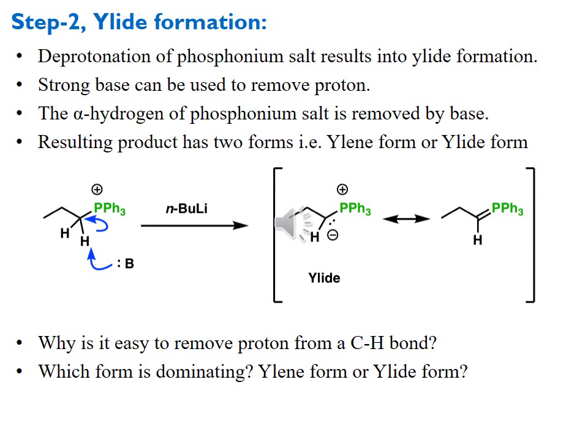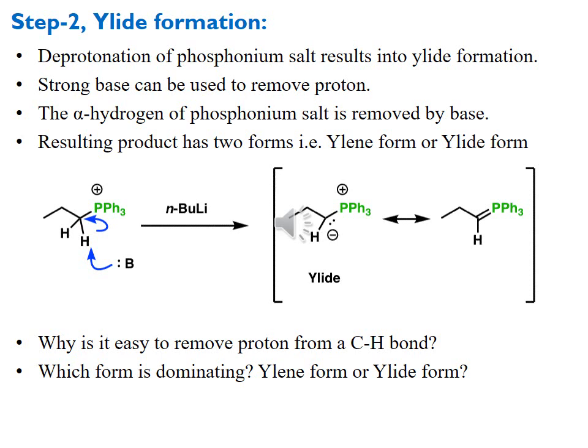One is, why is it easy to remove a proton from a CH bond? Normally a CH bond is not a polar bond, and it's tough to detach hydrogen from carbon in normal cases. But here it is easily removed from carbon. This can be explained by the presence of the triphenylphosphonium group, which withdraws electrons from this carbon and makes this bond slightly polar.